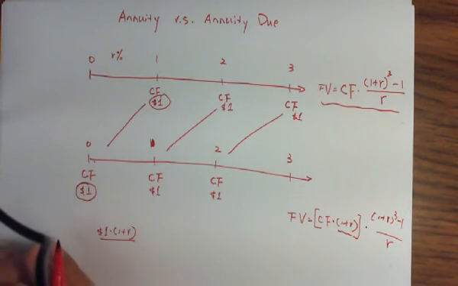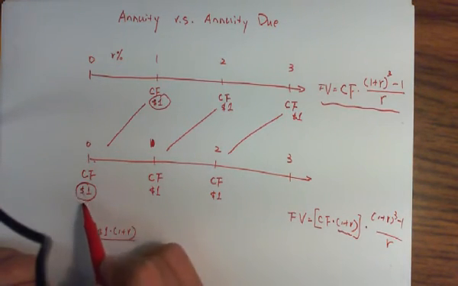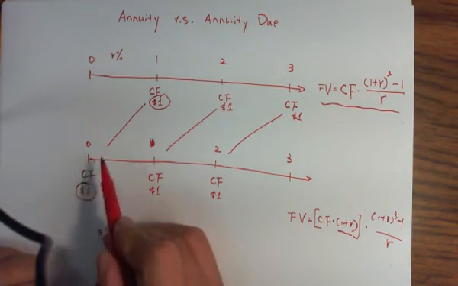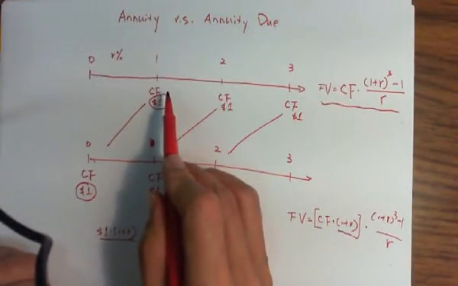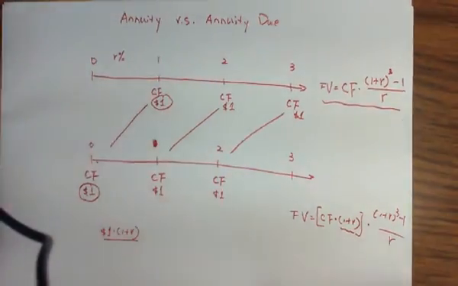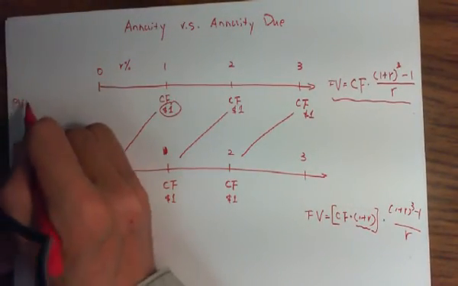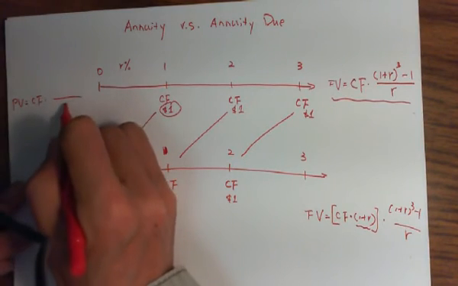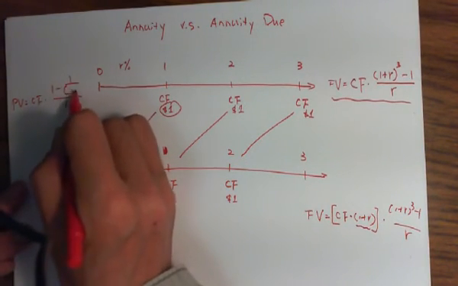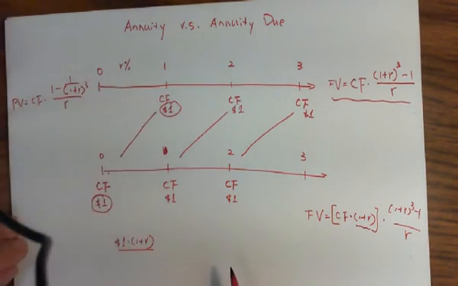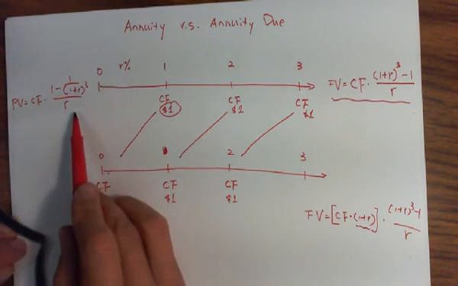The same thing is true for the present value. Again, each cash flow is more valuable than the corresponding cash flow in the ordinary annuity, so we can simply replace the cash flow. For example, the present value of the ordinary annuity is this one.